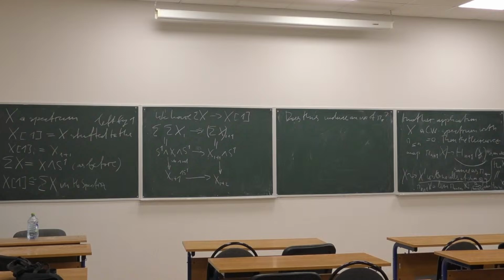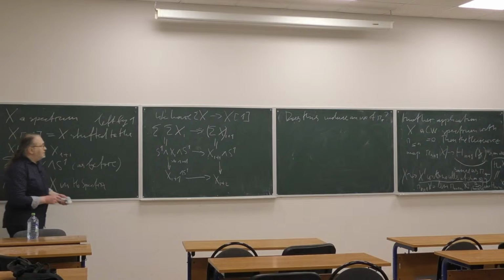I want to show that these two functors become isomorphic in the homotopy category. Well, to do this, and I have a natural transformation, I need to show that in the homotopy category, the natural transformation is an isomorphism.